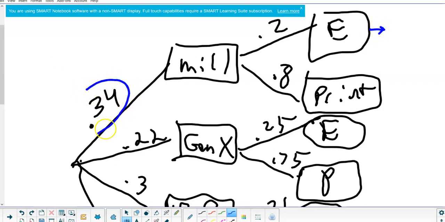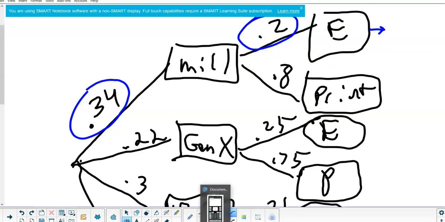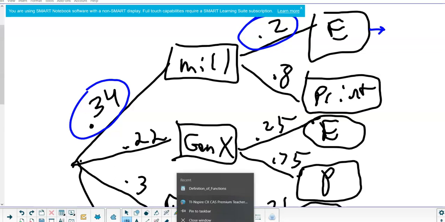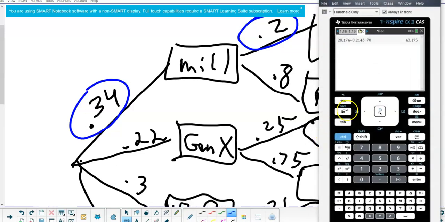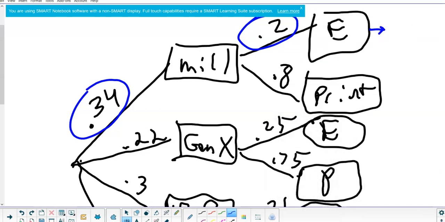You want to multiply to figure out the probability of those two things happening, 0.34 and 0.2, being a millennial who prefers ebooks. So you're going to multiply 0.34 times 0.2, which is 0.068.